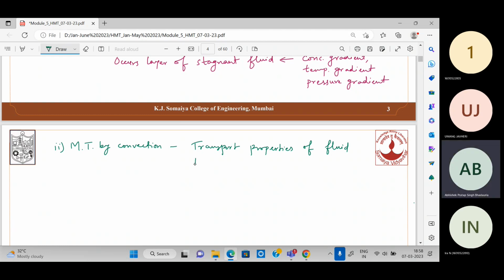Dynamic characteristic of flowing fluid. Dynamic characteristic of flowing fluid means whether it is laminar or turbulent.